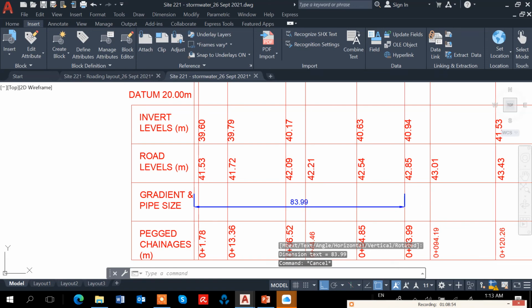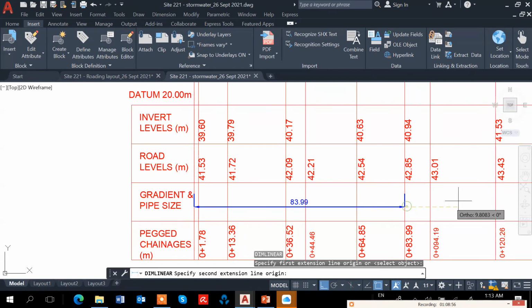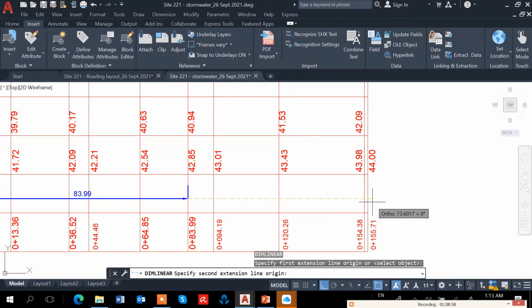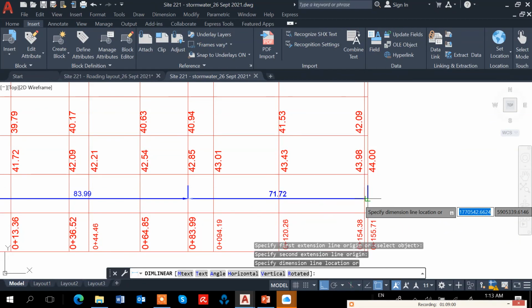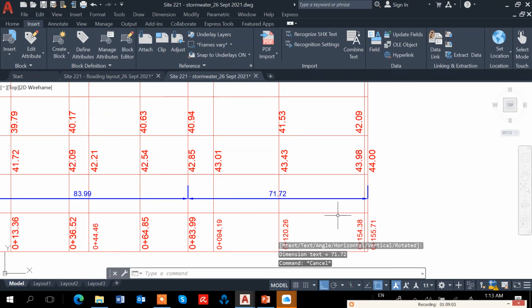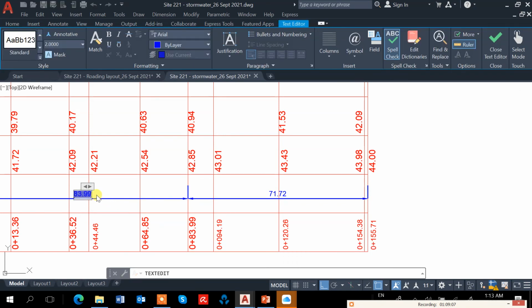Then I do another one from here to the end, and here. So I just change the thing.